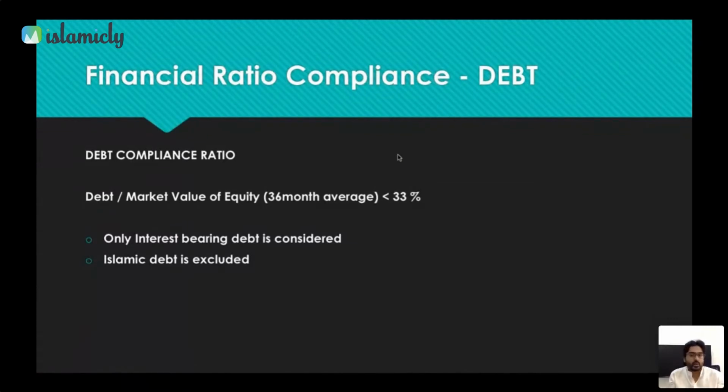Even if you say that interest-bearing debt is part of the entire financial system, there are hardly any Islamic banks in the world. Companies are bound to get leverage, which is interest-based. When for sector compliance you are saying that 5% is the threshold, why is the threshold over here 33%? Why can't it be 5% over here as well?